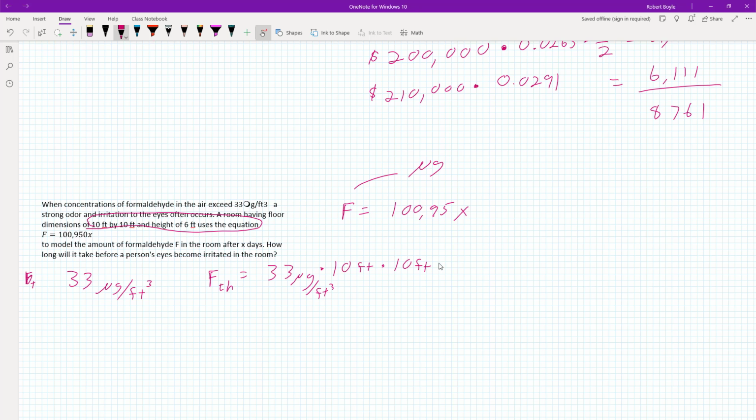Basically 33 micrograms per cubic foot times 600 cubic feet. If you did that math, you would come up with 19,800 micrograms of formaldehyde.